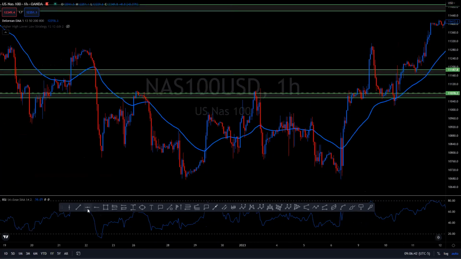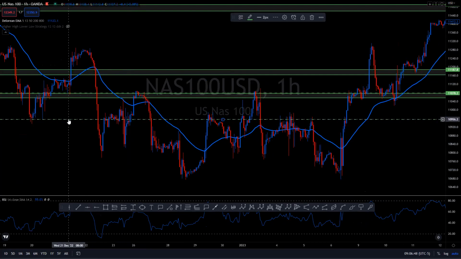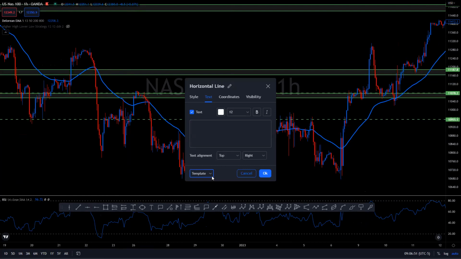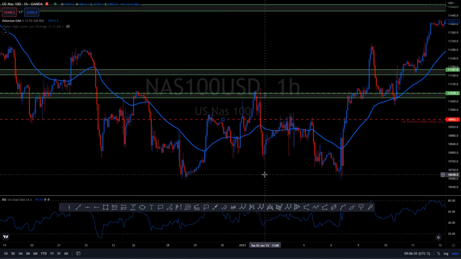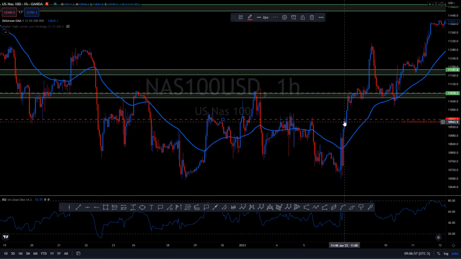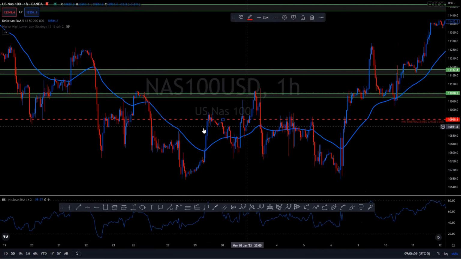We can see that there is a strong demand in this area. That was actually respected as a demand and supply zone. When it bounced up here, it pushed all the way up here, which we previously tested.